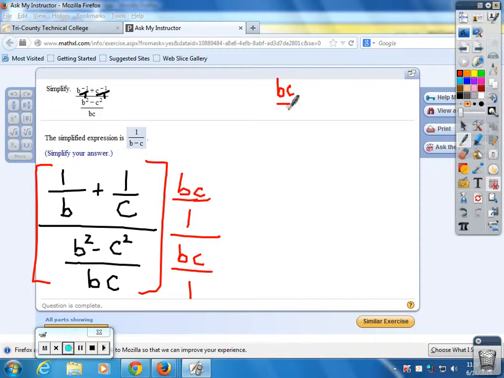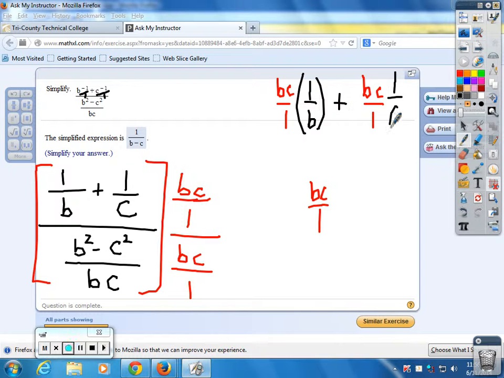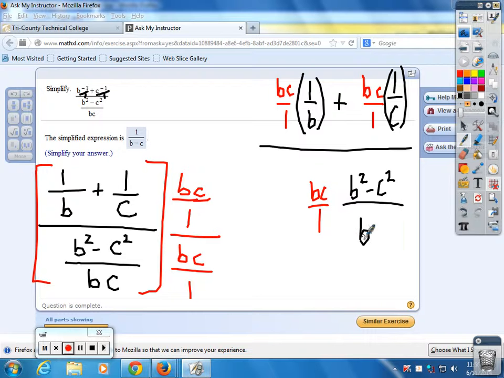BC over 1. One over B plus 1 over C, over B squared minus C squared over BC, dx.